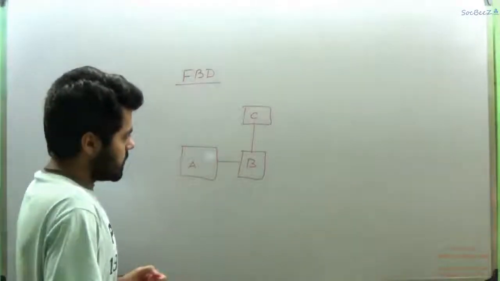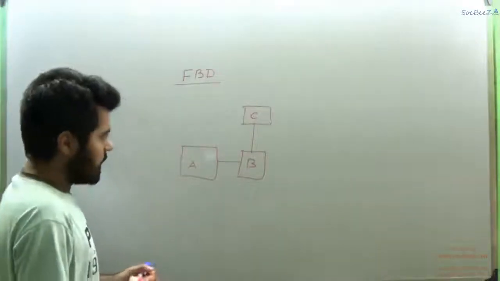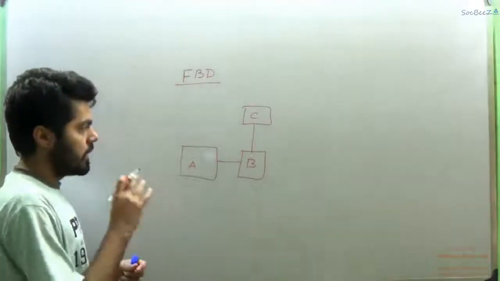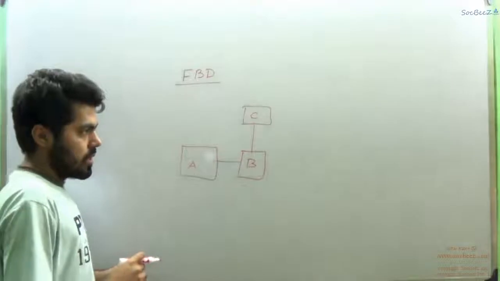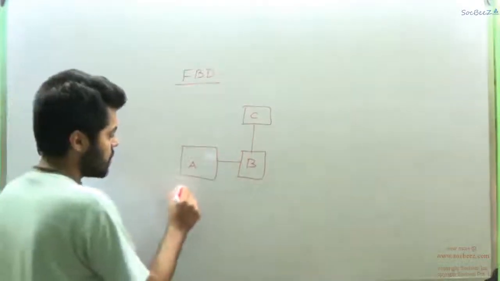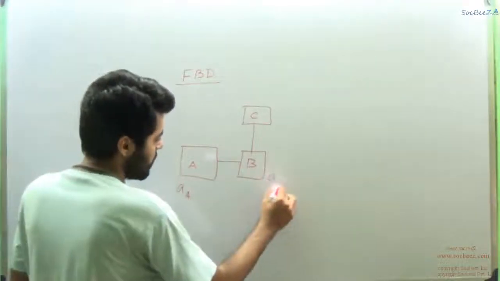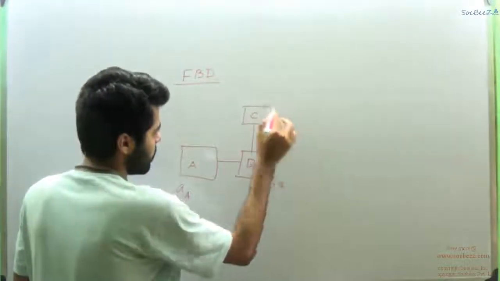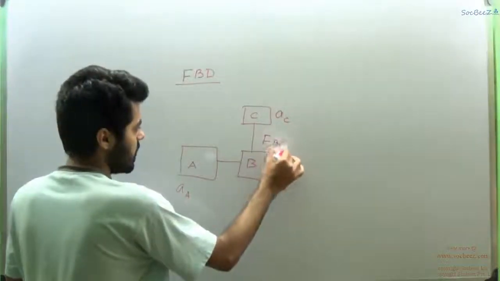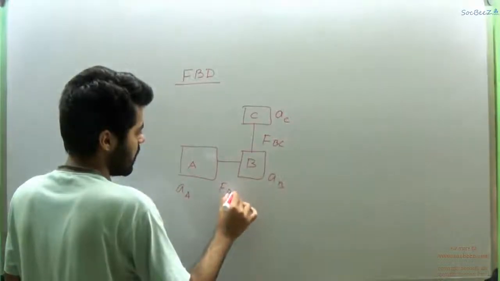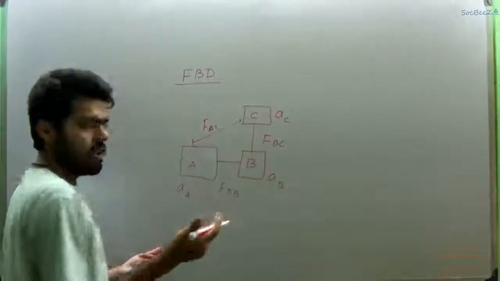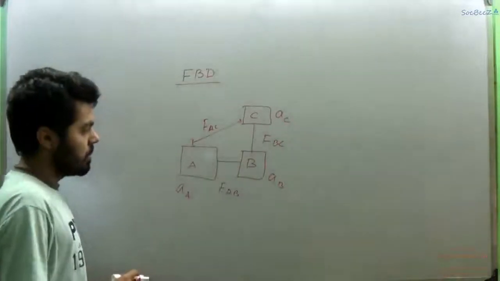Now, the first rule is that whenever there are multiple objects in any system and we have to solve Newton's equation, the Newton's equation will ultimately be to find out the acceleration of A, acceleration of B, acceleration of C, or the force between B and C, between A and B, and between A and C. Ultimately, all the questions will be of this type.